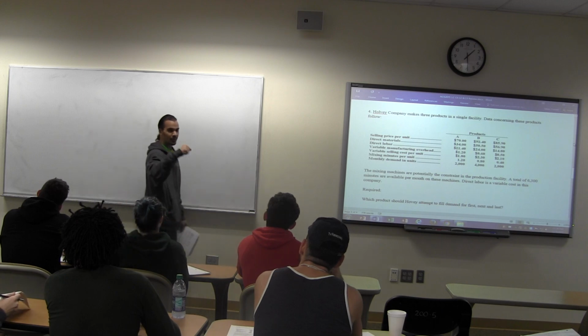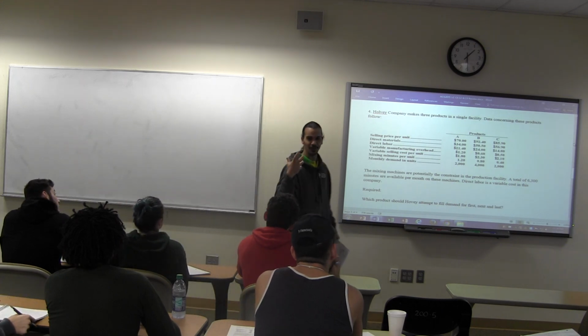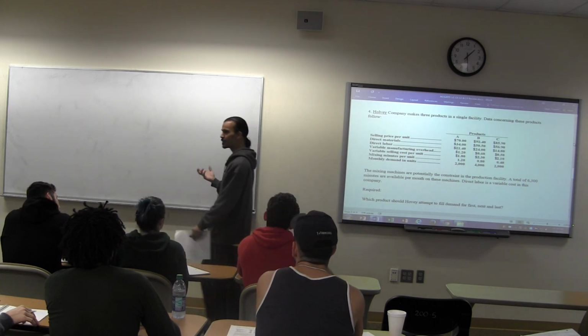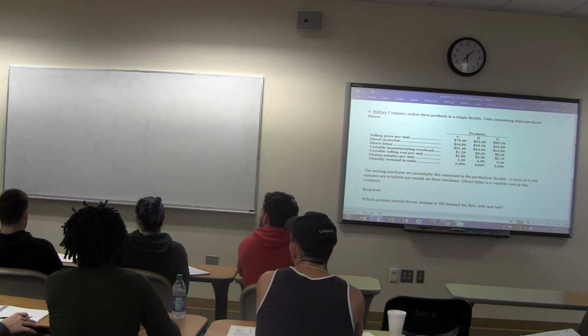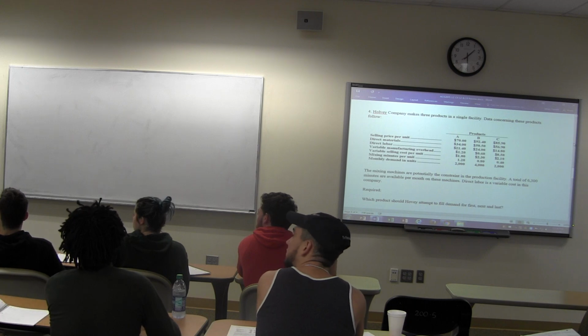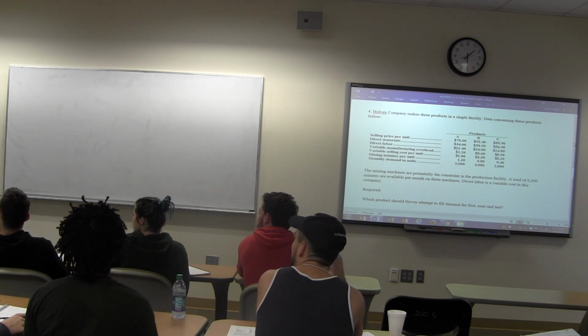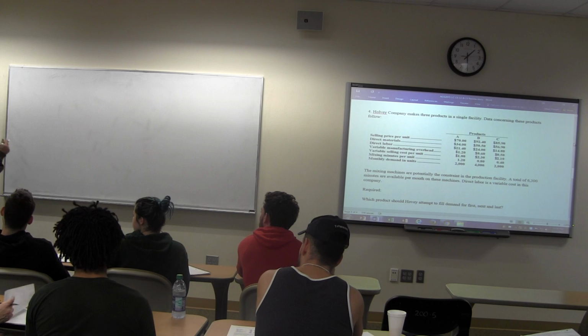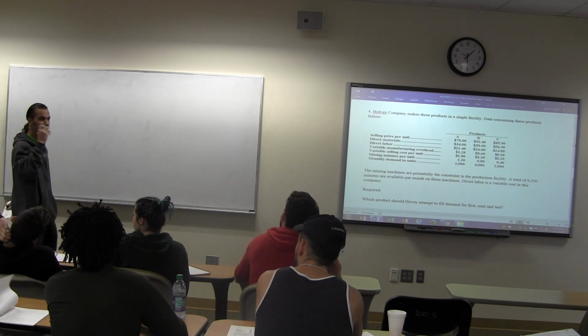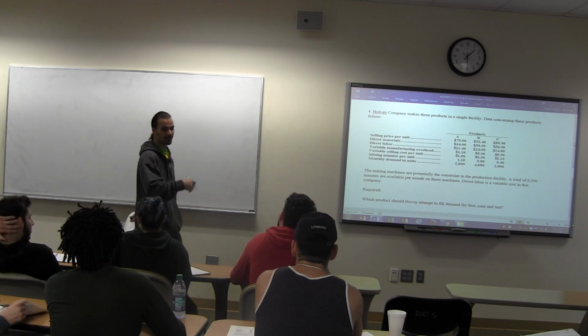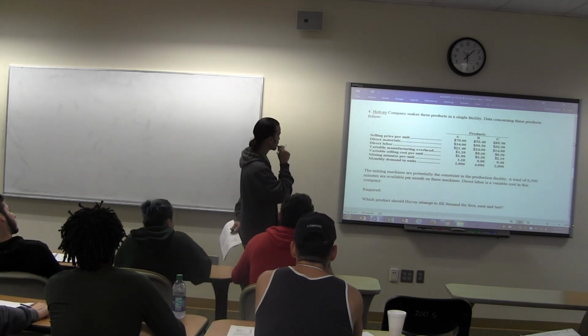It's sales minus variable expenses. And what does the contribution margin per unit tell us? How much I make from selling it. Incorrect. How much I have to cover my fixed expenses. Okay, how much each unit gives me to cover my fixed expenses, because I know my variable expenses are covered.